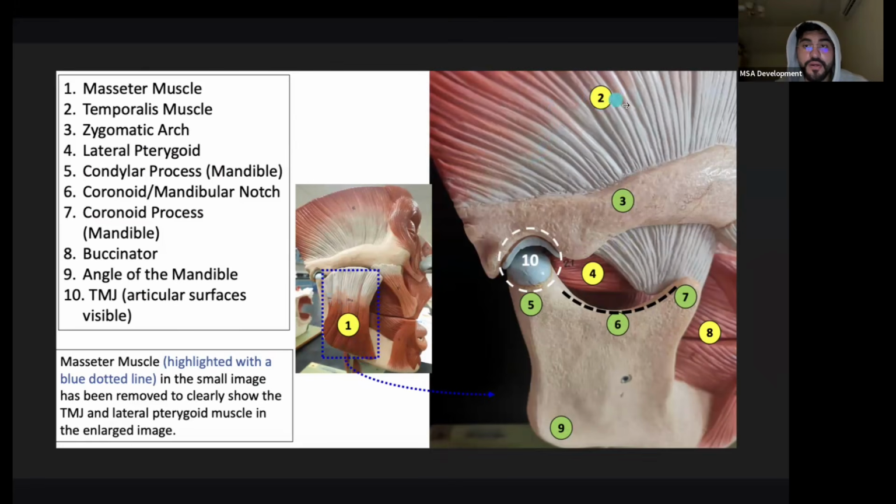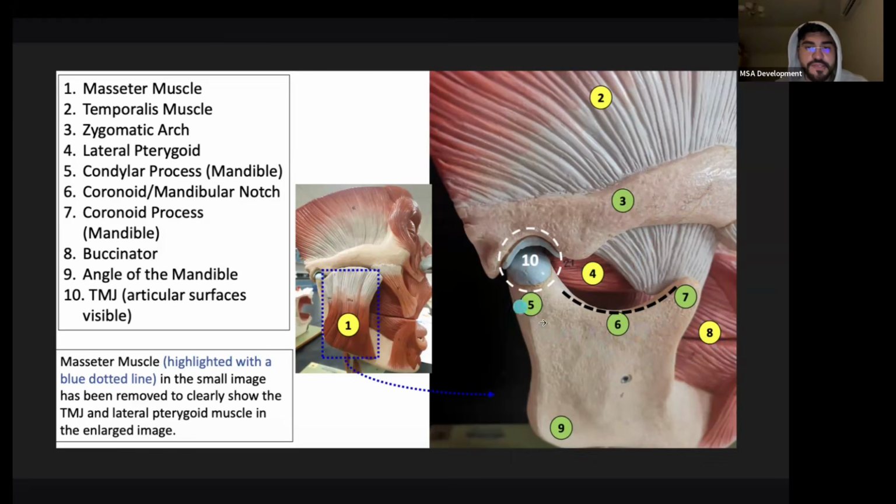This is your temporalis. This is going to be the zygomatic arch. And right here, this is going to be the lateral pterygoid. And this is going to be the buccinator muscle.